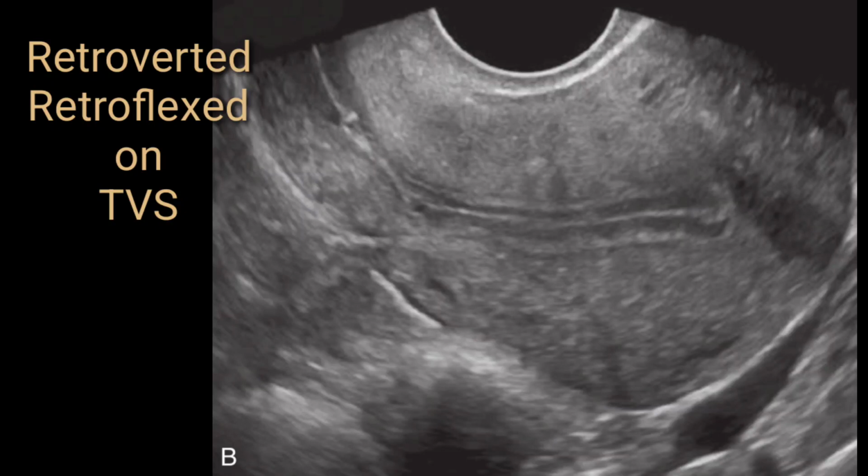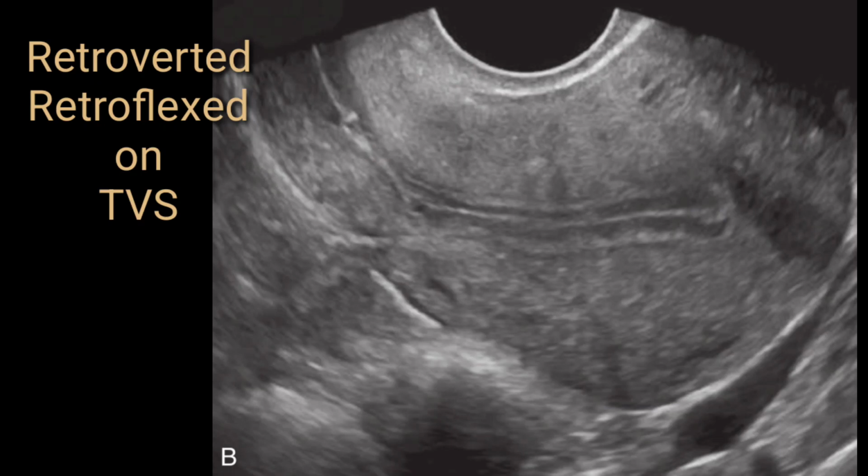So far as flexion is concerned, it is again posterior to the cervix, so this is retroflexed as well. On the transvaginal ultrasound you can clearly see that this uterus is retroverted and retroflexed. Other components of the uterus can easily be seen.